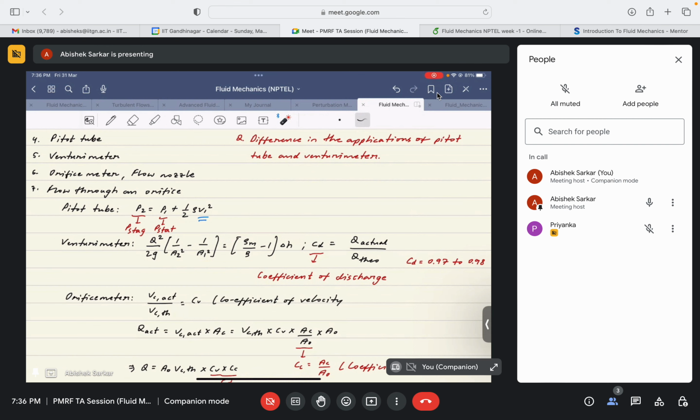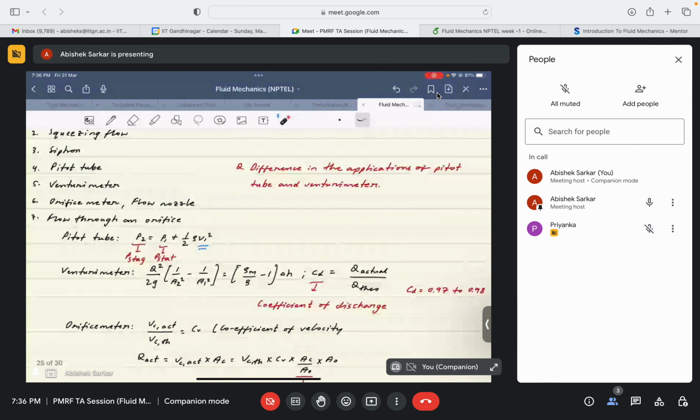So we know this, and the only unknown is Q. Playing with this equation, you can get the value of Q. I already discussed CD, the coefficient of discharge, that is Q actual versus Q theoretical, and in general the value of CD varies from 0.97 to 0.98.